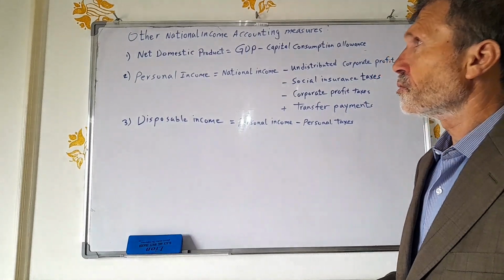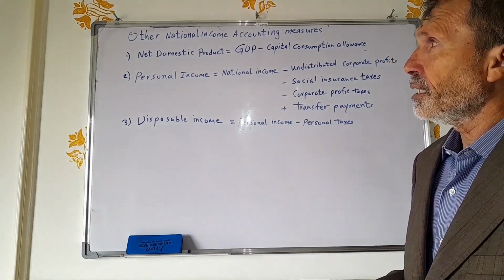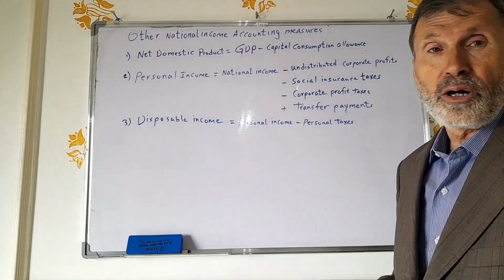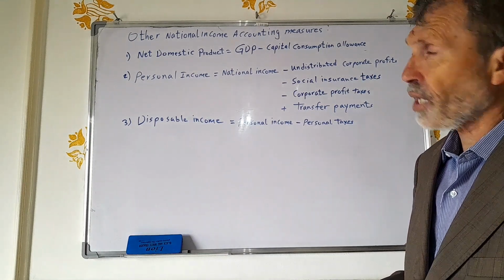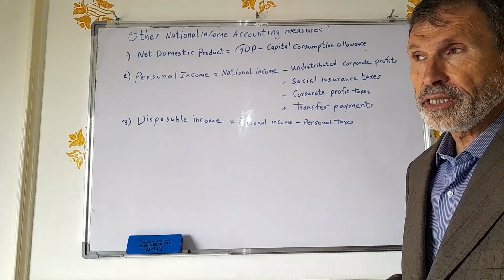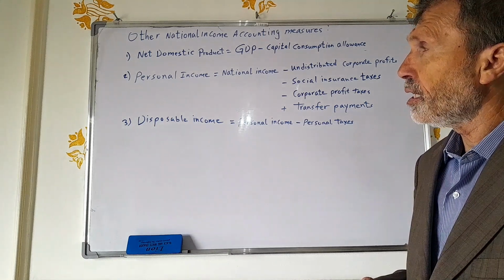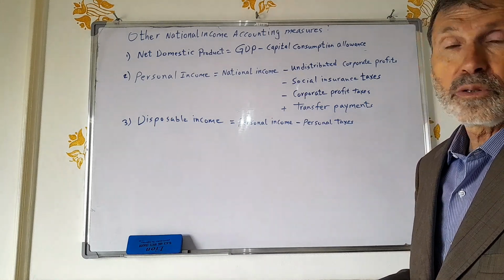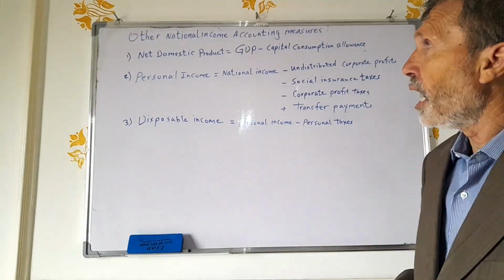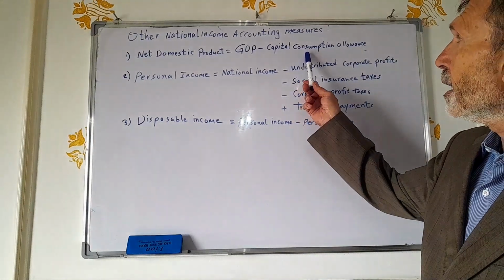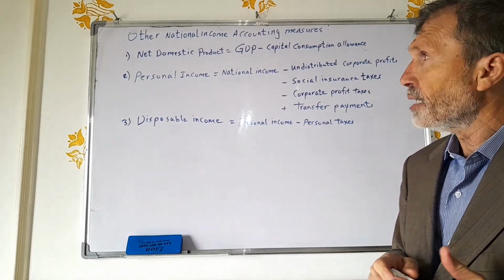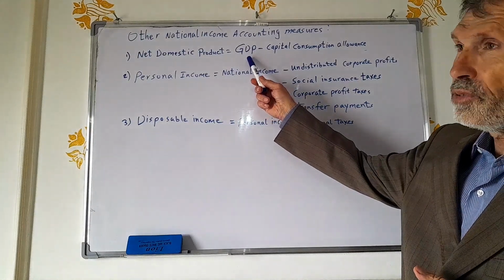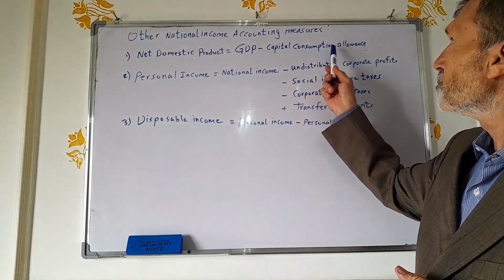Now we go on to discuss 3 measures of GDP. The first one is net domestic product. Net domestic product is the measure of the new goods available in the economy after taking away the worn out capital goods. As you can see, it is equal to GDP minus capital consumption allowance.